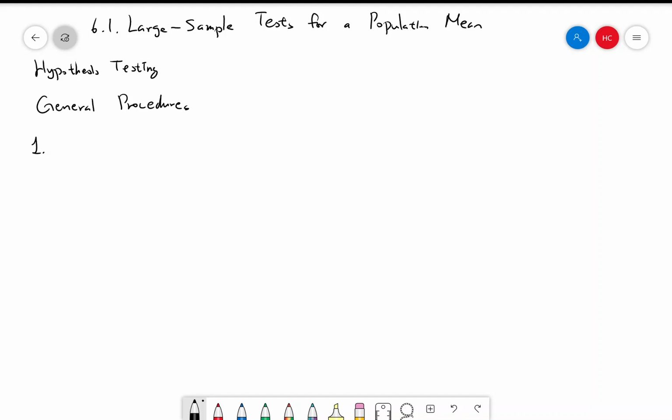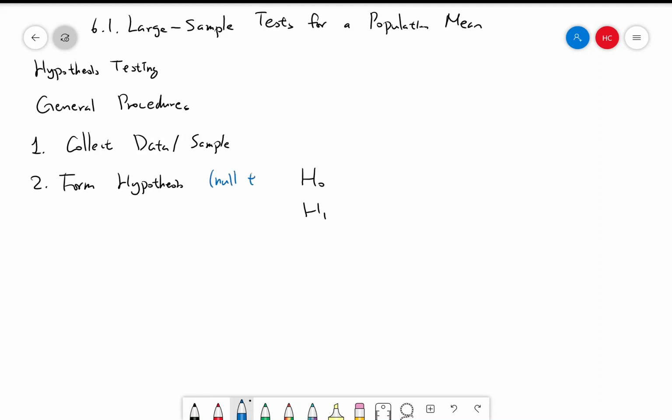So first, we collect data or a sample. And then we form two hypotheses, H0 and H1. H0 is called the null hypothesis, and H1 is called the alternate hypothesis.